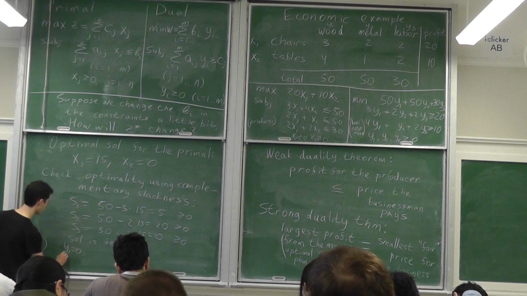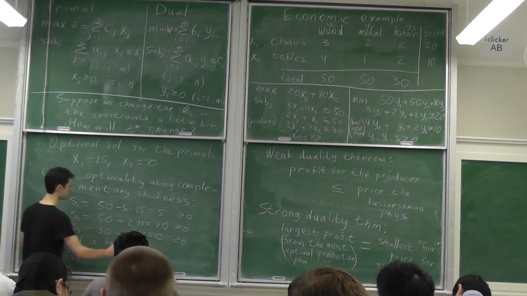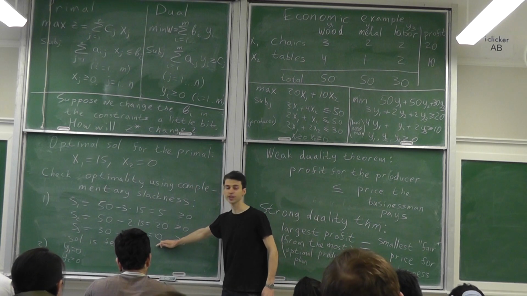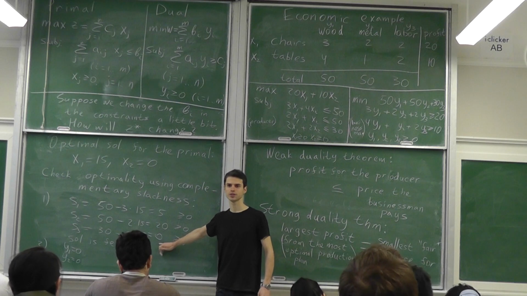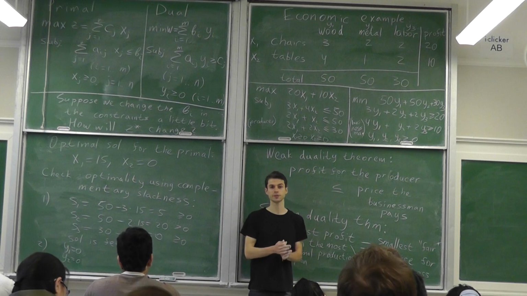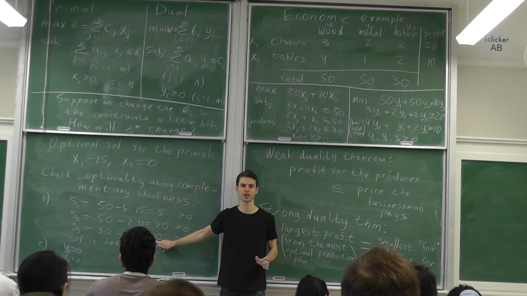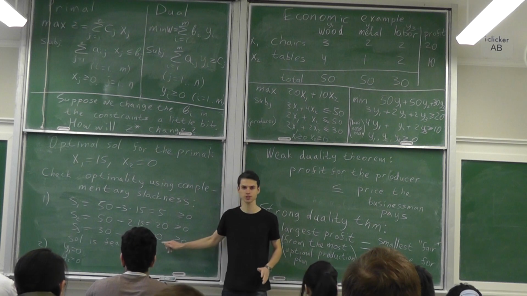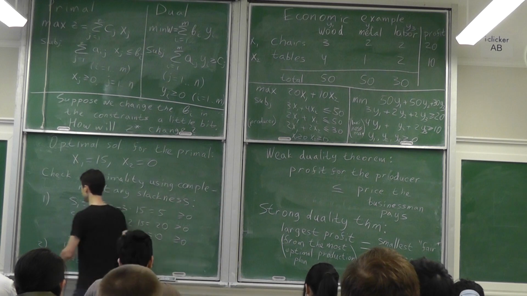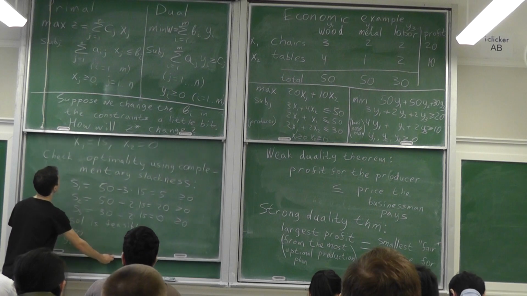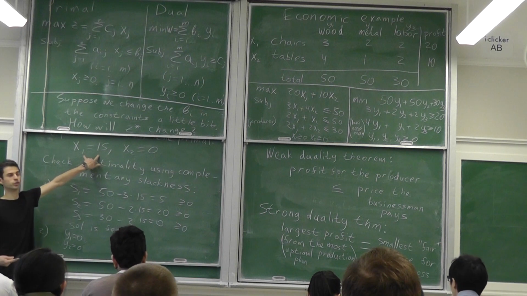I'll have y2 equal to 0, because once again here I have a slack, this is not 0. From here I can't tell anything. This constraint is pushed to its limit, and complementary slackness tells me that in the pair S3, y3, one of the numbers is 0, and this is already 0. But I also have the slack variables in the dual.